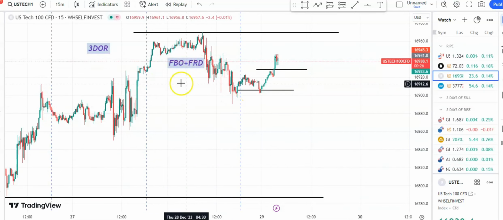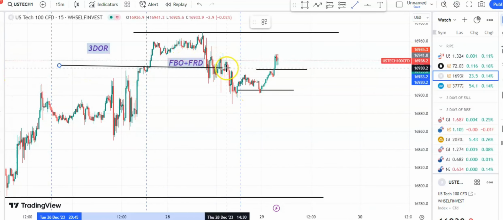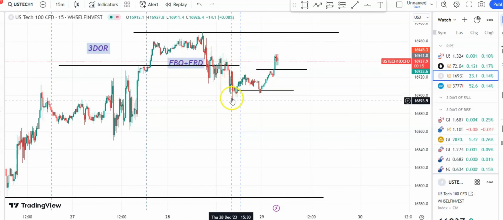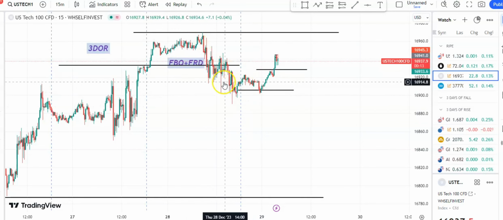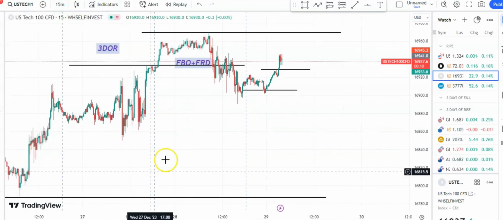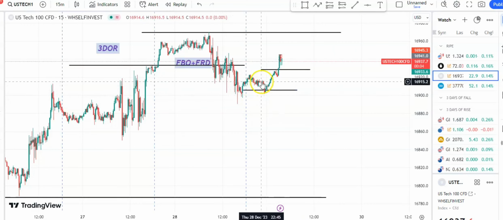Price broke out of the high of the week, and as you can see, price broke out and then came back and closed back inside of the range. So what this tells me is that there is a very high probability that price is going to reverse today.